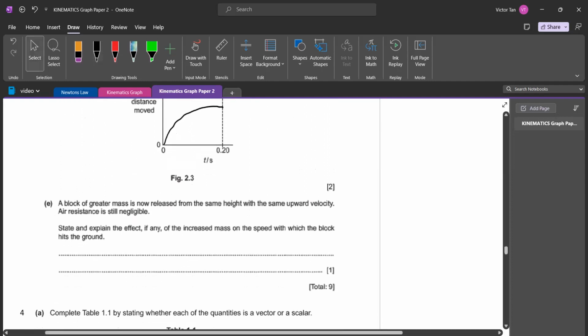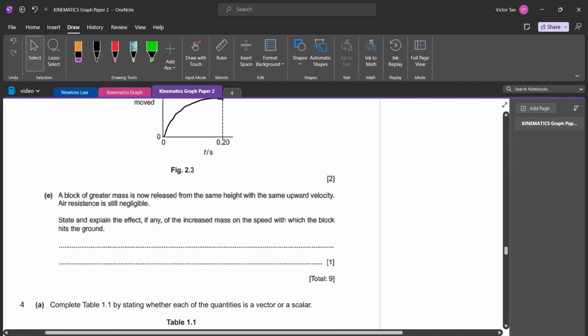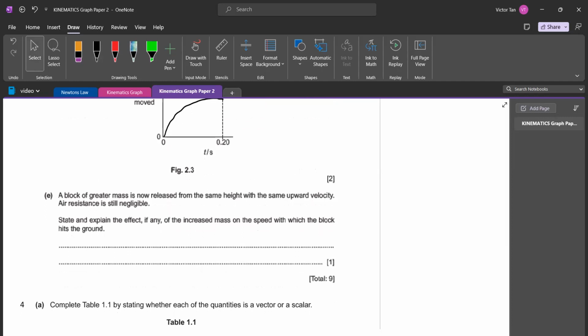A block of greater mass is now released from the same height with the same upward velocity. Air resistance still negligible. Explain the effect, if any, of the increased mass on the speed with which the block hits the ground. As air resistance is negligible, acceleration is still the same.